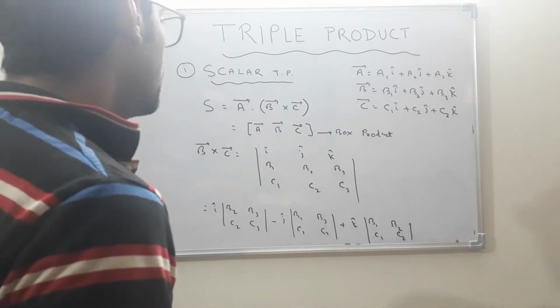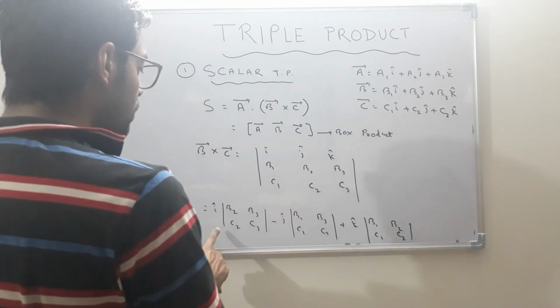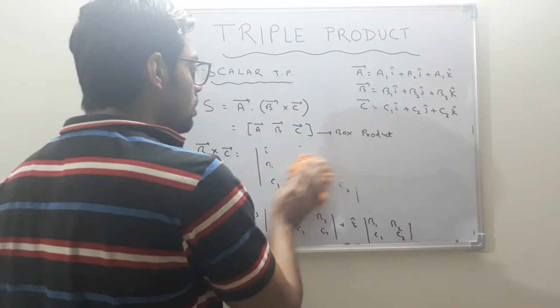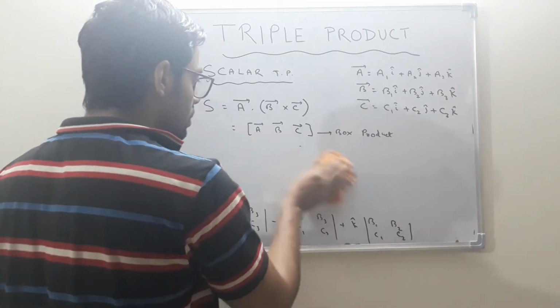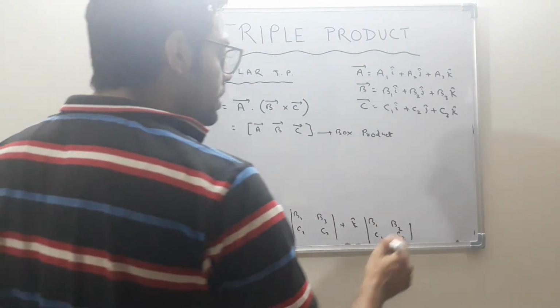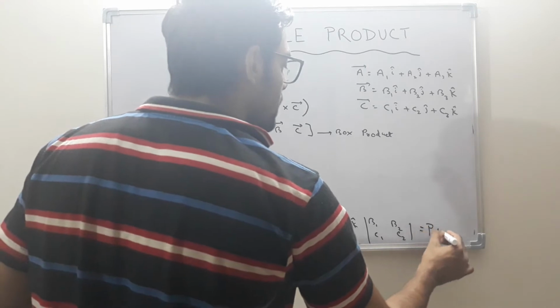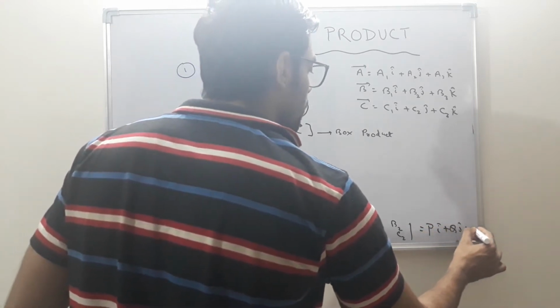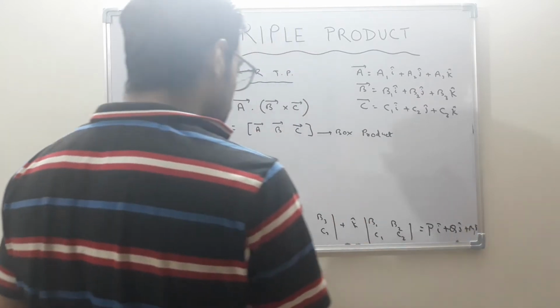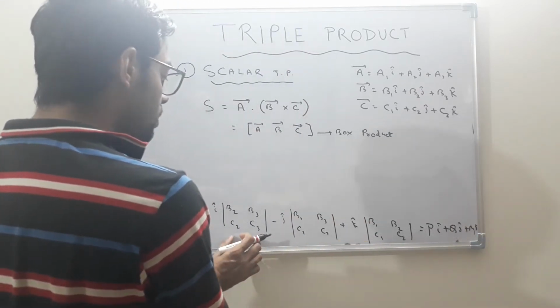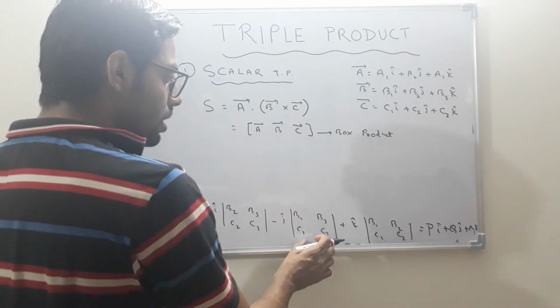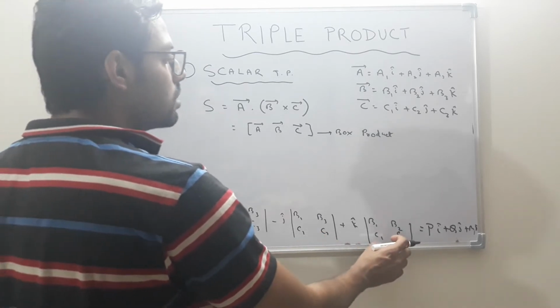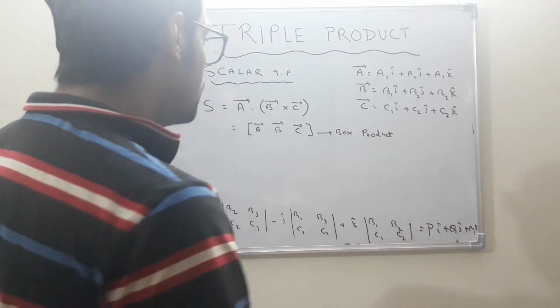Now we have to perform the dot product of A vector with this cross product. What will it look like? It is represented in vector form as P i hat plus Q j hat plus M k hat, where P is this 2 by 2 determinant, Q is this determinant and M is this determinant.